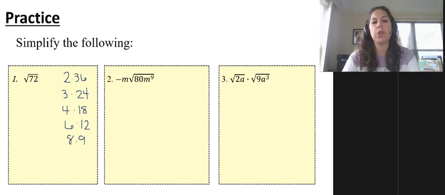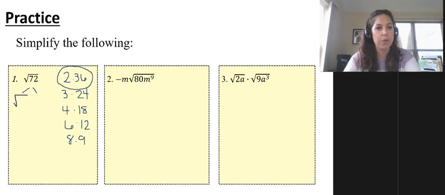Remember, we're looking for the largest perfect square. Out of all of these numbers, my largest perfect square is 36, so I'm going to use 2 and 36 as my factors of 72 to help me simplify.